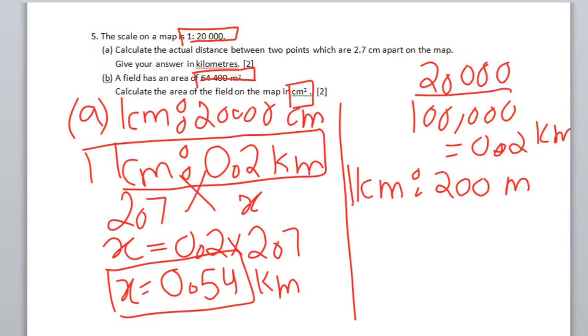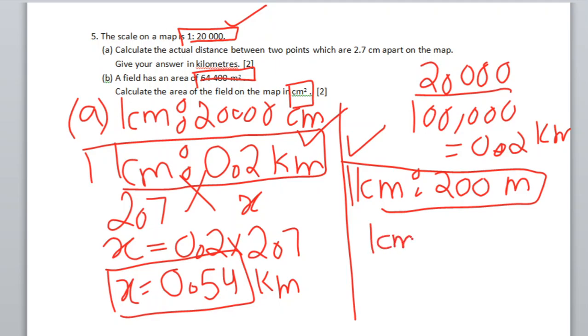So again, all three ratios are the same, they're just represented in different ways. 1 ratio 20,000, 1 centimeter ratio 0.2 kilometers, and 1 centimeter ratio 200 meters. They're the same ratios represented in different forms according to our requirement. Alright, so now for part B, we're talking about areas. So let's square both sides to change the ratio of lengths to a ratio of areas.